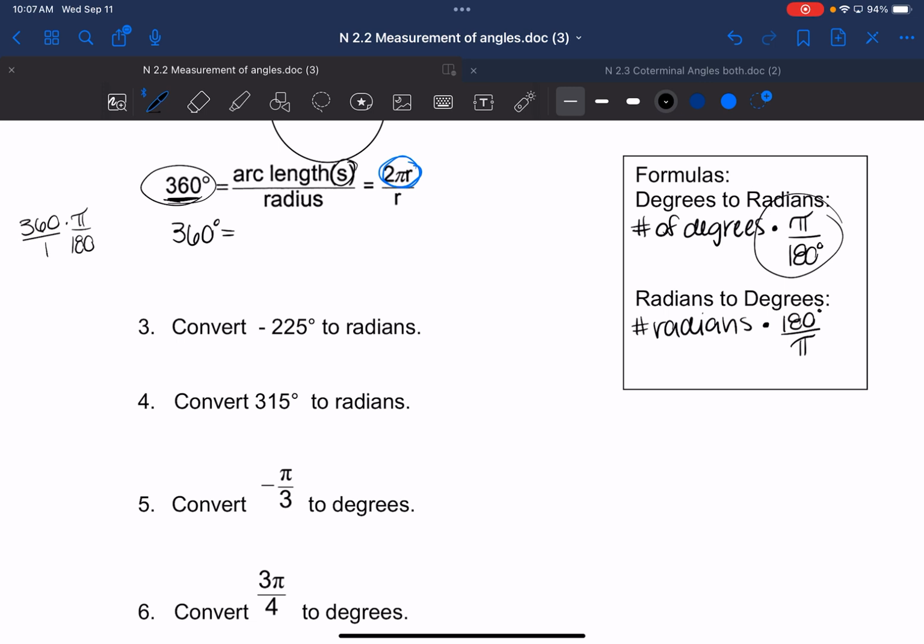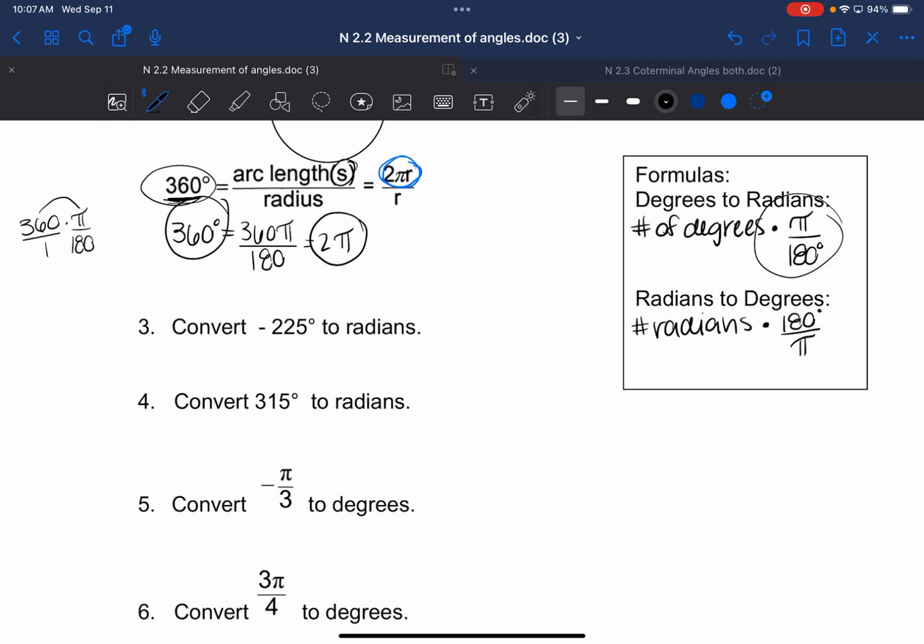Right? So when I multiply fractions, I multiply numerators. So that'd be 360 times pi, right? Over 1 times 180, which would just be 180. And I could simplify that fraction, right? What's 360 divided by 180? 2. So I'd have 2 pi. So 360 is equivalent to 2 pi.